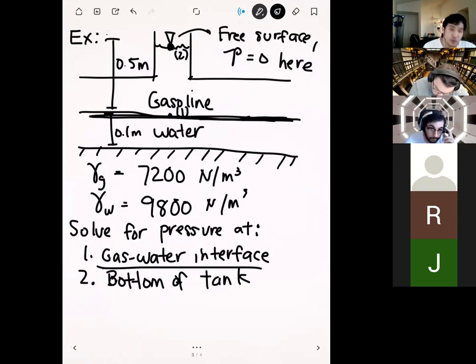These two points are convenient for multiple reasons. First of all, picking point number 2 at the free surface, we know exactly what the pressure is there. So we know P2 is going to be equal to 0. That's going to be useful for our formula. And the other reason that it's convenient is that we know the height difference between them. We know that the height difference is going to be 0.5 meters.